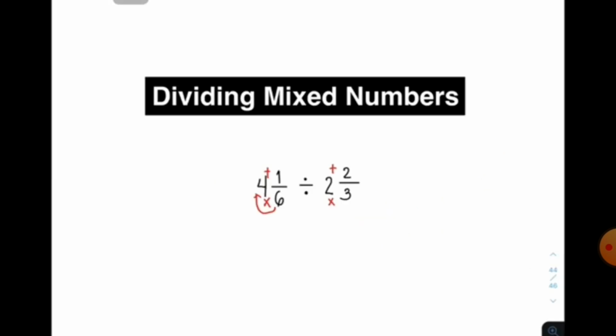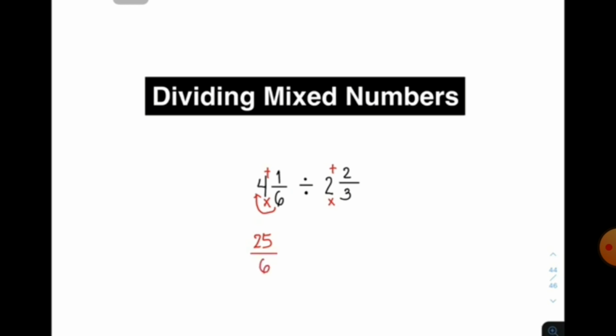Next example is dividing mixed numbers. So how to divide mixed numbers? So first, we have to change from mixed numbers to improper fraction. How? So for example, 6 times 4 plus 1. So magiging 25 over, just copy the denominator, 6. So 25 over 6.